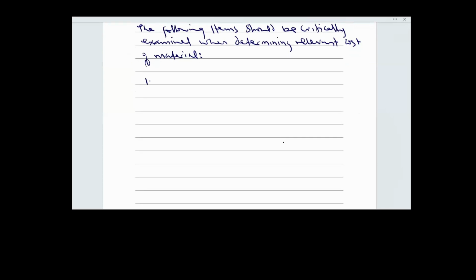One is current purchase price. Two, disposal value. Three, historical cost.